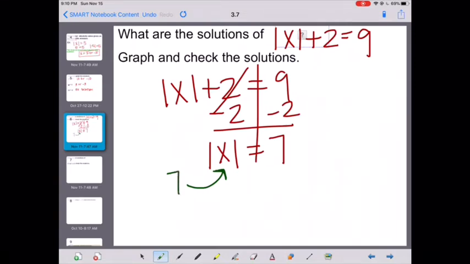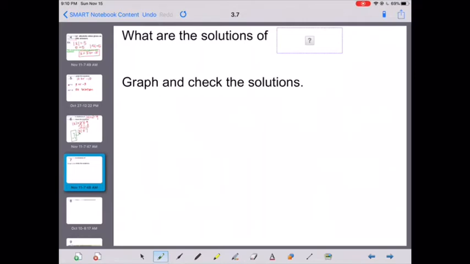The only thing I have left is that x, so we need to figure out what numbers could go in here for x to make this true. If I put a 7 in there, the absolute value of 7 is 7, so that works. If I put a negative 7 in there, the absolute value of negative 7 is also 7, so both of these are answers to this equation.